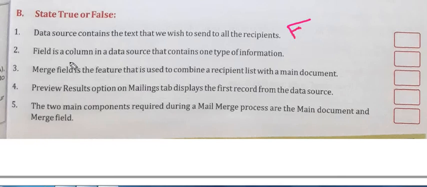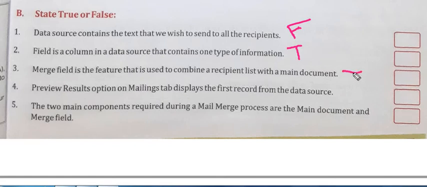Now next, field is a column in a data source that contains one type of information. Obviously true. Suppose it is a column of father name, or a column of phone numbers, which contains the phone numbers of all the students. Next, merge field is the feature that is used to combine a recipient list with the main document.